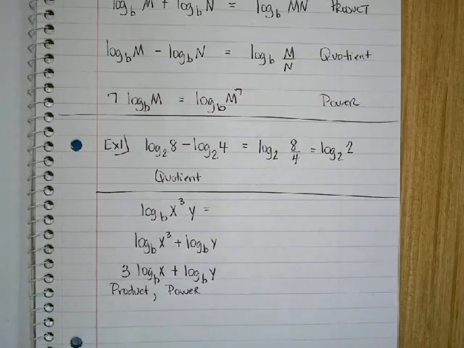I want you to be careful here. X was the only thing that had the power of 3. So that's the only term that 3 is being multiplied by. It's not a distributive property. The 3 doesn't have a thing in the world to do with the log base y. Only with this one. Okay? Y'all follow me? So far, so good? Okay. We'll keep going.